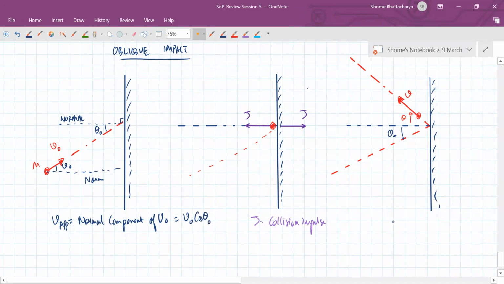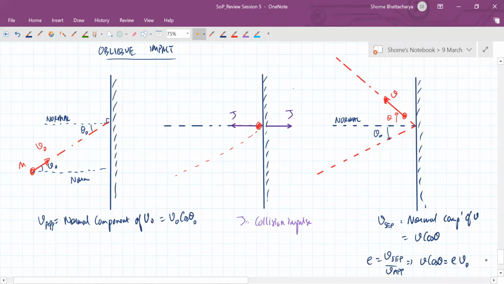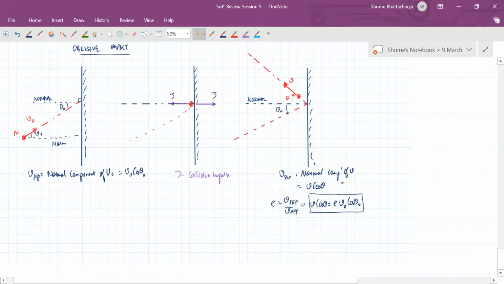And the separation velocity is again the normal component of v, so that is equal to v cos theta. Coefficient of restitution being the ratio of separation velocity to approach velocity, from this relation we can see that v cos theta is e times v naught cos theta naught. This is the important relation.